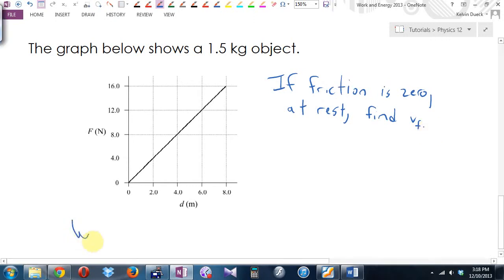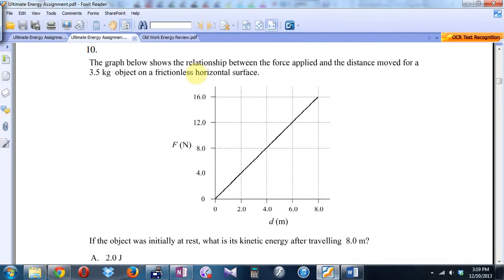You know what? I would say work equals change in potential plus change in kinetic, where W is going to be the area underneath this graph. I think the question implies it's a horizontal surface in the original. Yeah, it does say horizontal surface, so no change in potential.